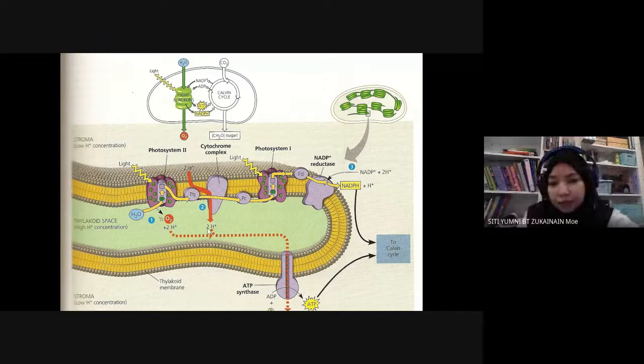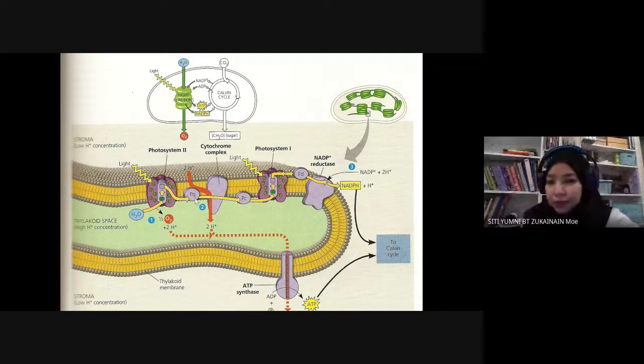via hydrogen gradient concentrations. So I will show you the steps in the light reaction that contribute to the proton gradient. First, if you can see here, water is split by photosystem 2 on the side of the membrane facing the thylakoid space.